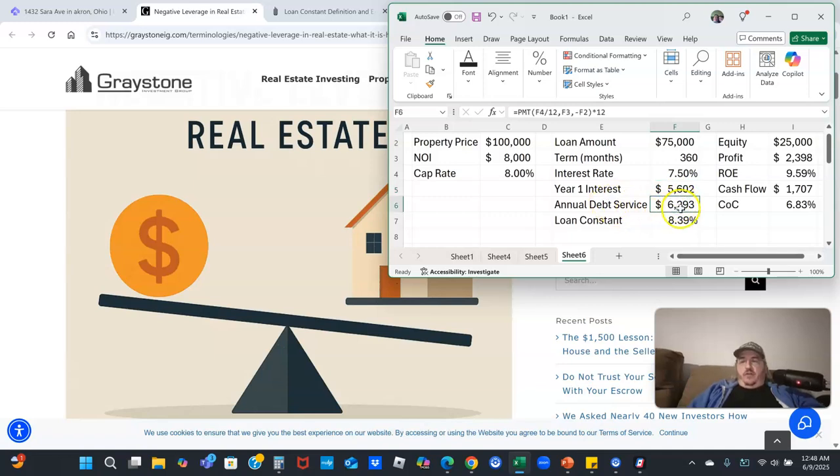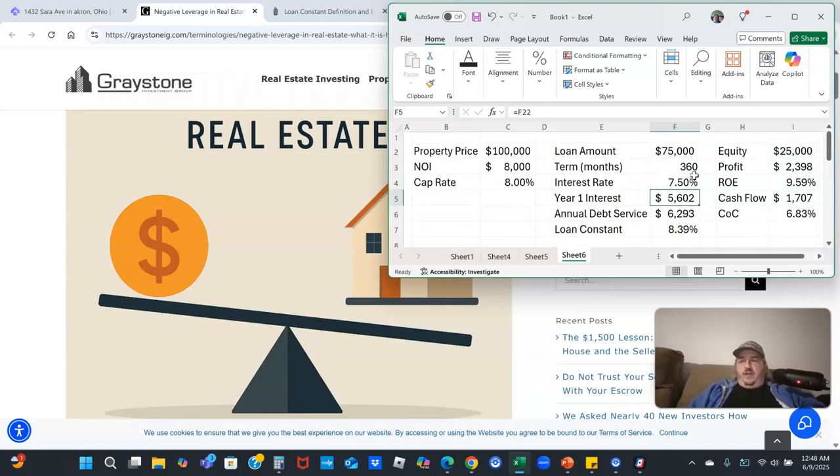Well, first I'm going to look at, what's your interest in year one? That'd be $5,602. Those of you that want to check that math, I'm not just taking $75,000 and multiplying it by 7.5%. That would work if there was no amortization happening.